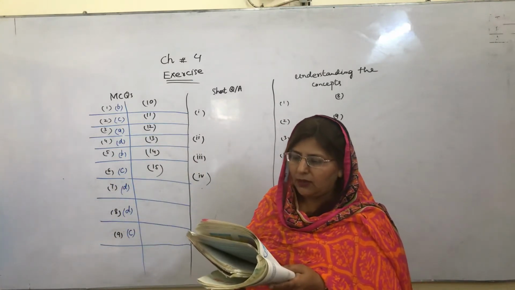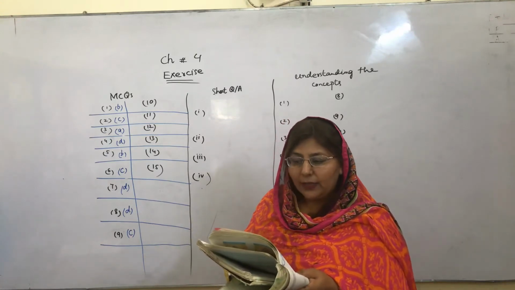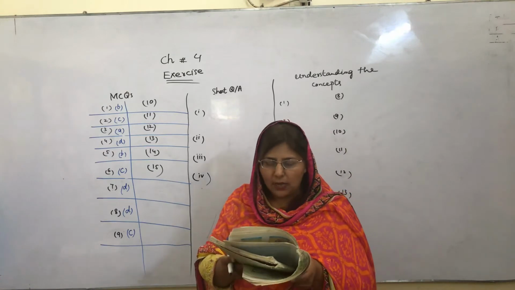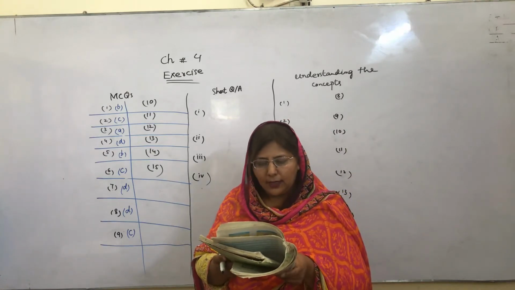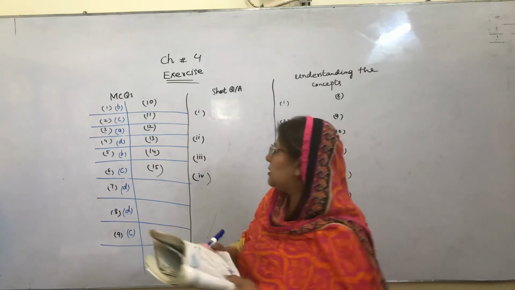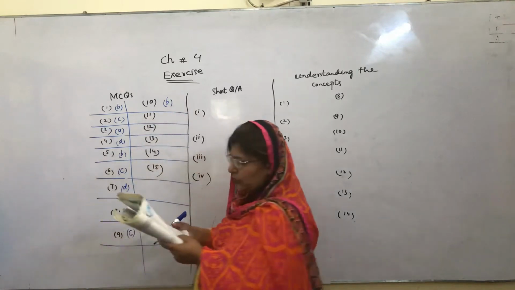Options are polysaccharides, proteins, lipids and DNA. So for question number 10, the correct answer is B, proteins.